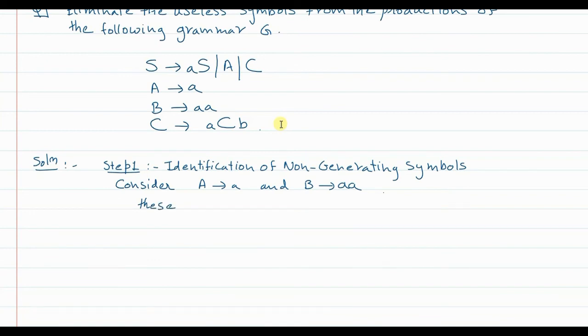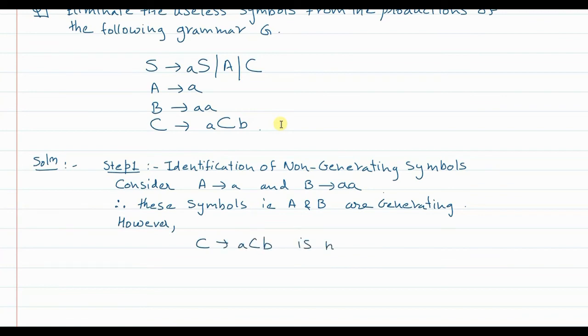Therefore these symbols, that is A and B, are generating because they generate a terminal string. However, C gives ACB is non-generating.